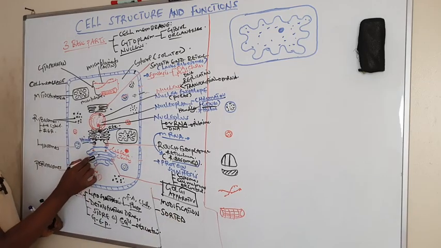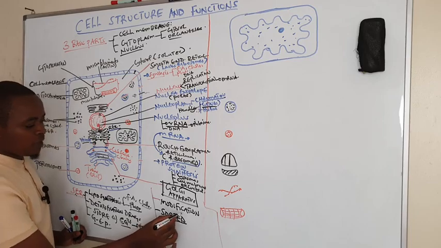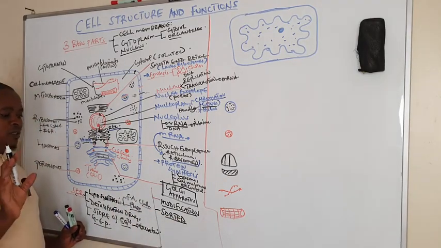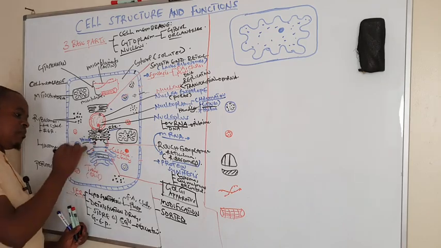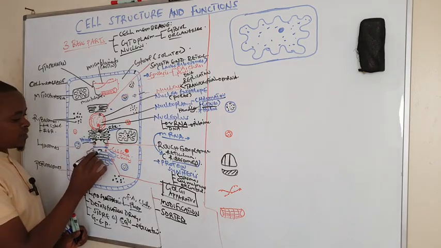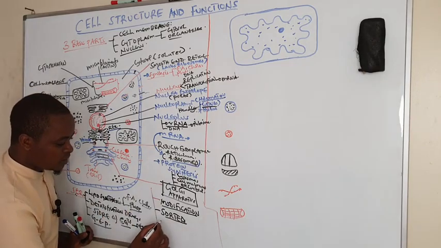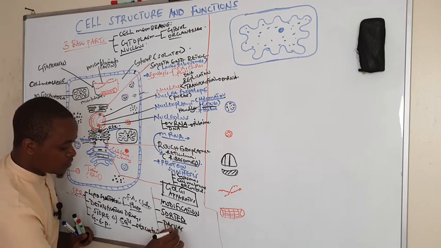The intermediate part of the Golgi apparatus is responsible for sorting. After modification to form functional proteins and functional lipids, they are sorted. Those which are not well modified are taken back to the cis part to be modified. Then after being sorted, they are packaged.